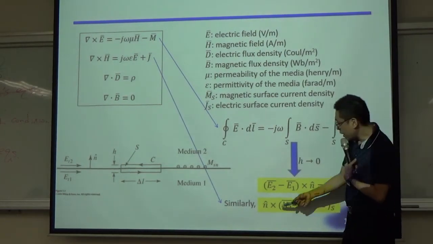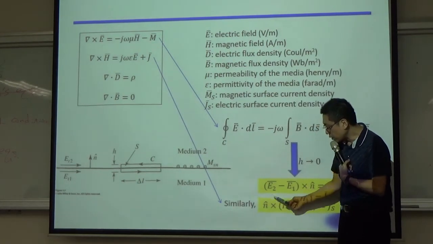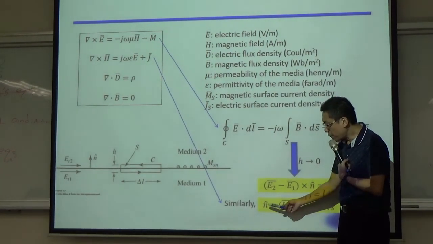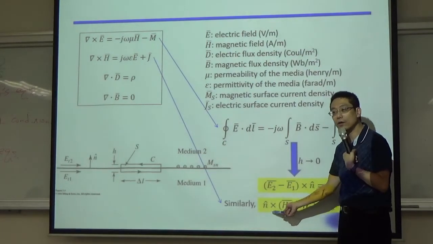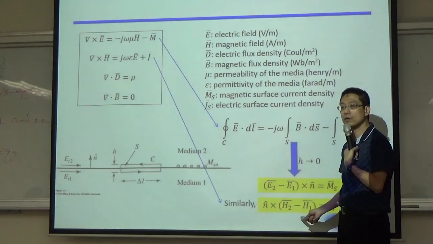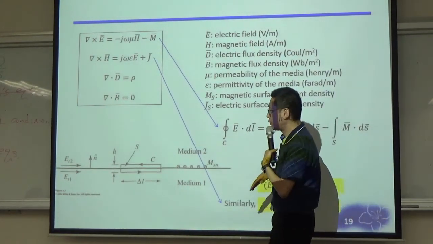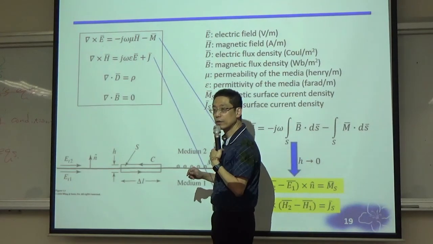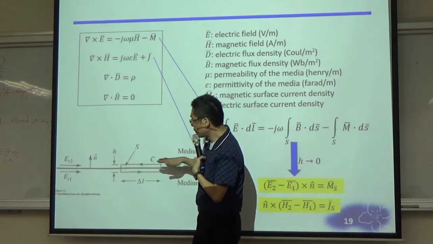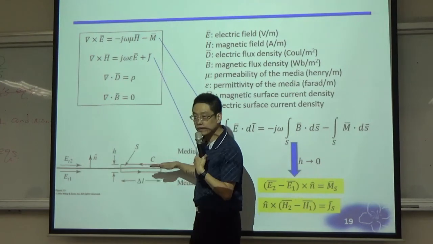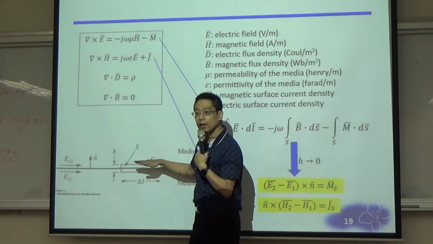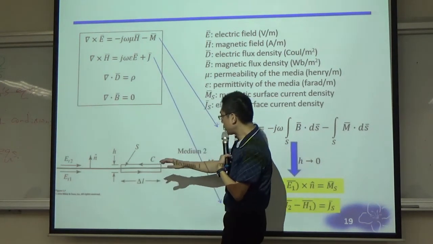And you will see that there is a vector close something, which means the direction will change. If you have a direction in this way, and then you have a loop direction.